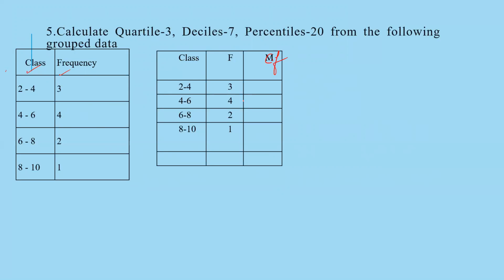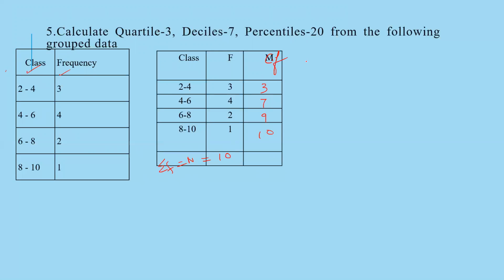Since you need to only calculate Q3, D7 and P20, we don't need f d square and all those values. So just cumulative frequency is more than enough: 3, 7, 9 and 10. And we know that total frequency N is equal to 10.